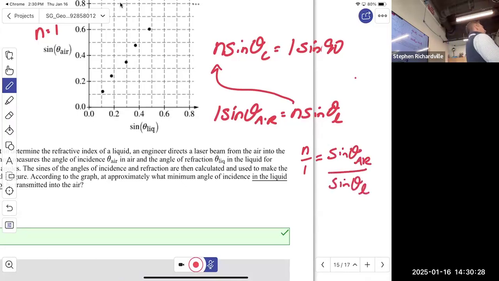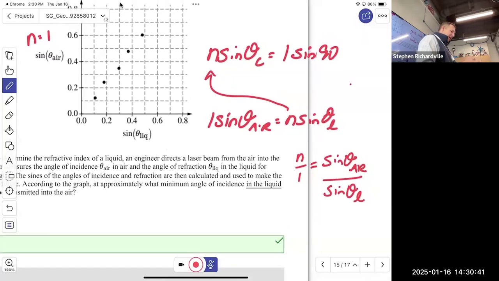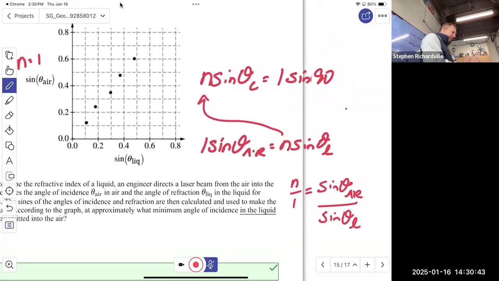There are times where you just play with the math. Is that kind of okay? And this sine theta critical is up here, but now we've got the slope.